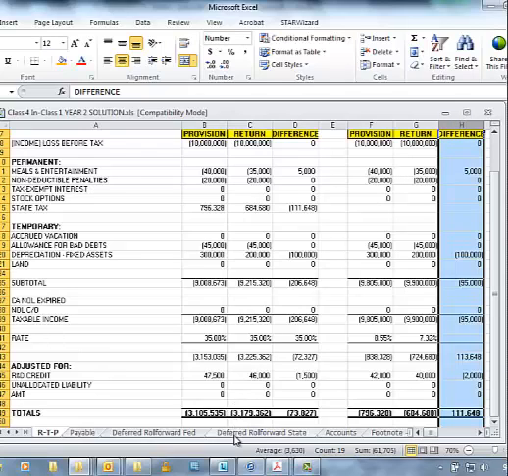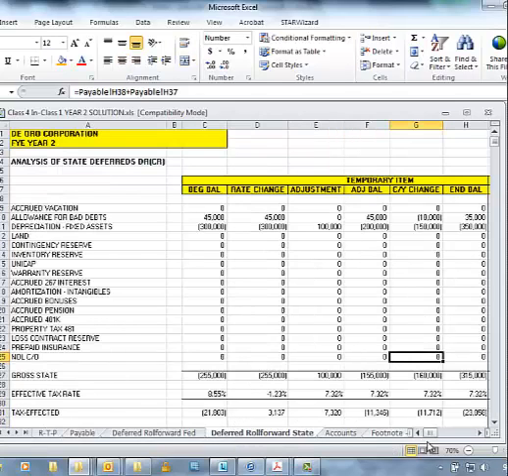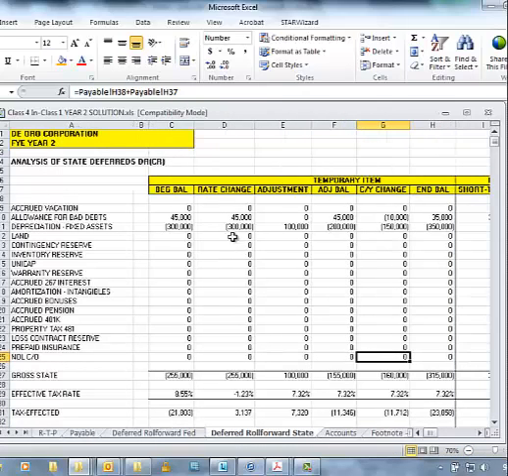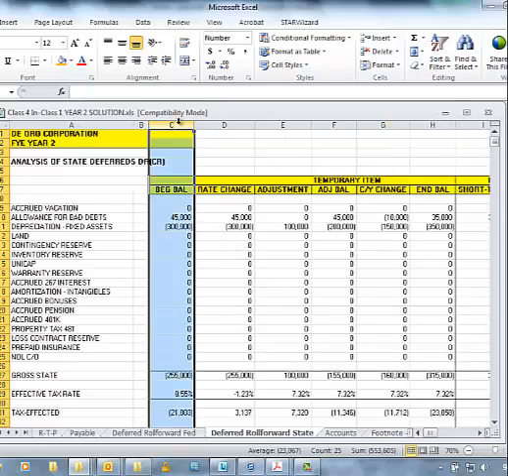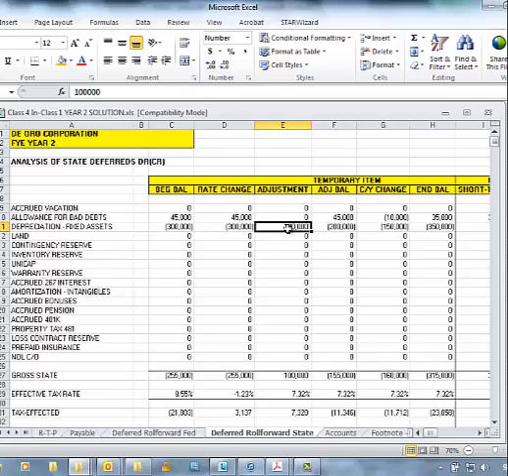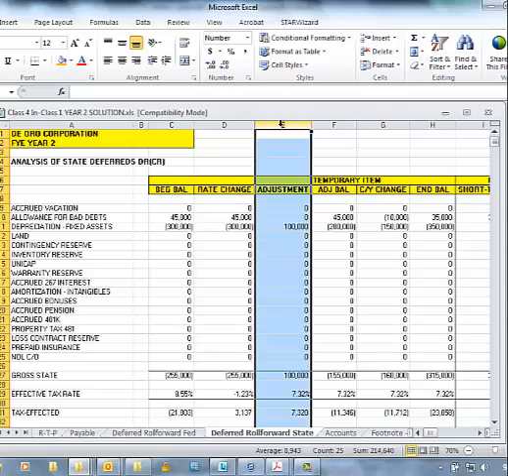So if I go to my deferred roll forward for states, I thought last year those were my state deferreds. Right? In fact, it wasn't a $300,000 difference, it was only a $200,000 difference for depreciation, so I need an adjustment of $100,000.